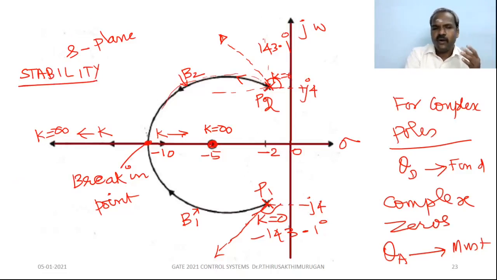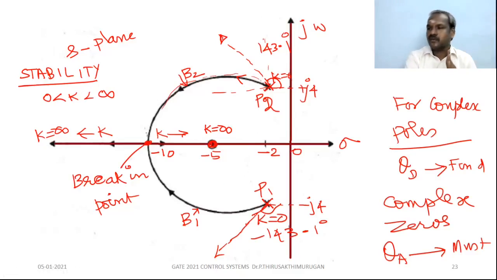For all ranges of k, from 0 to infinity, both roots are always in the left half of the S plane. All the roots lie on the left half of the S plane.